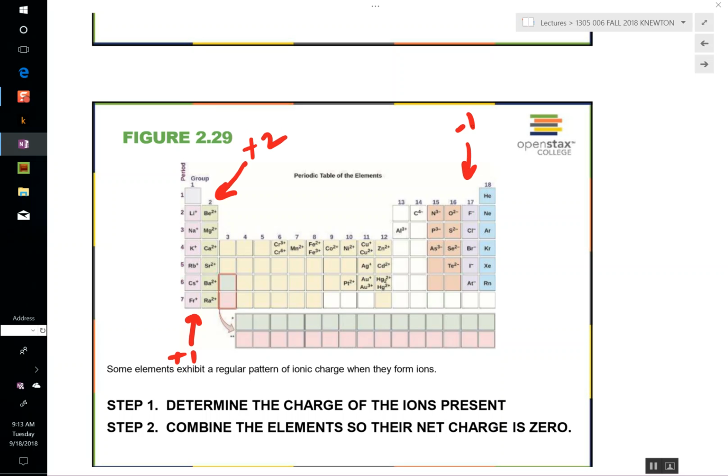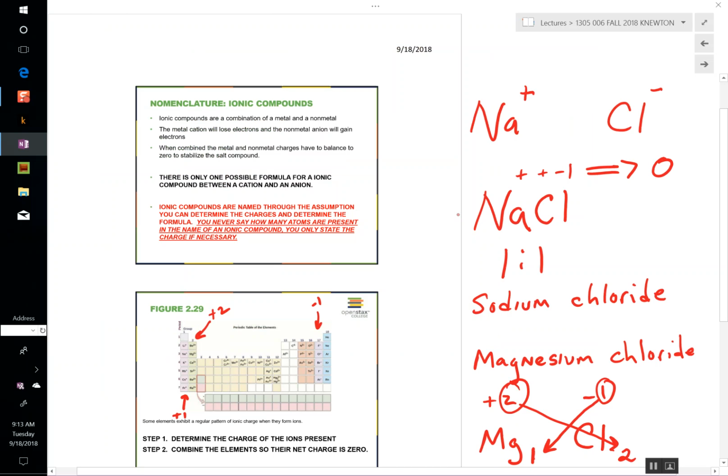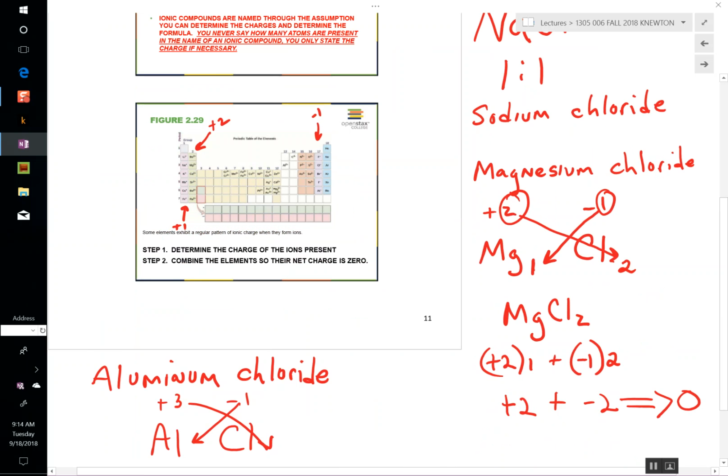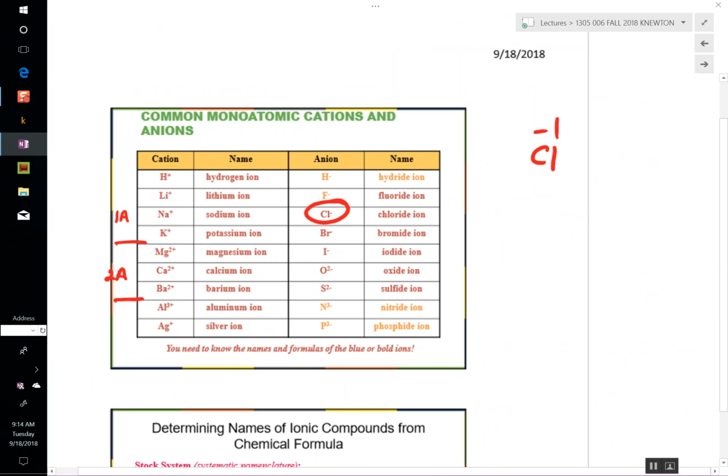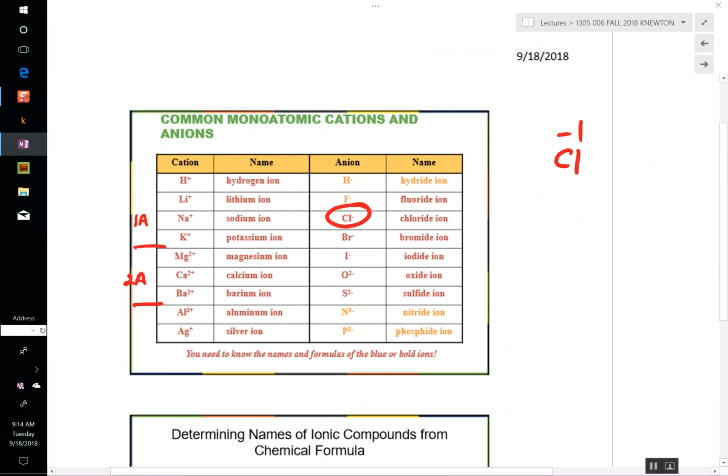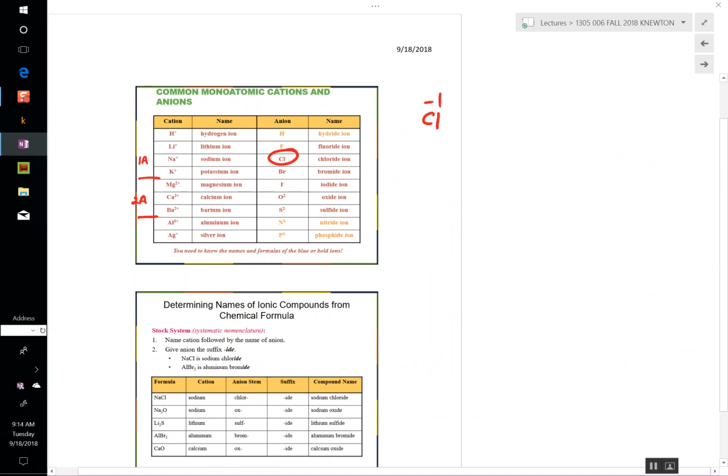Chlorine, bromine, iodine. And then you have oxygen and sulfur, and then nitrogen and phosphorus, and that's what I have here. So by Thursday, learn that chart.